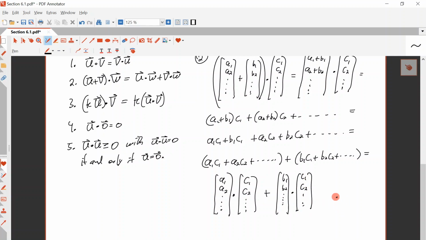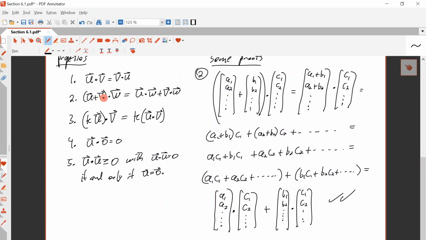Right? So that's what we wanted to prove: u plus v dot w is equal to u dot w plus v dot w. So it's just a straightforward calculation.